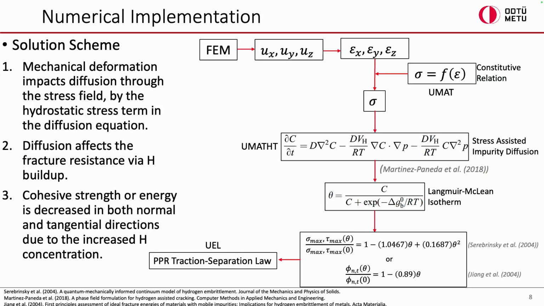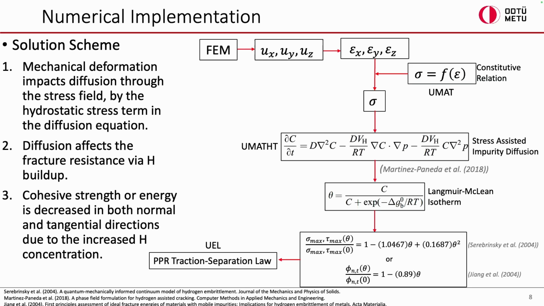The coupled framework can be summarized as can be seen in the figure. First, the finite element solver provides us with the displacement and the strains. We provide the UMAT for the constitutive model of strain gradient crystal plasticity, and the UMATHT subroutine is solved for stress-assisted impurity diffusion, where we mimic the equations of heat transfer to be compared with the stress-assisted diffusion equations, such that we can use UMATHT in this software, Abaqus.